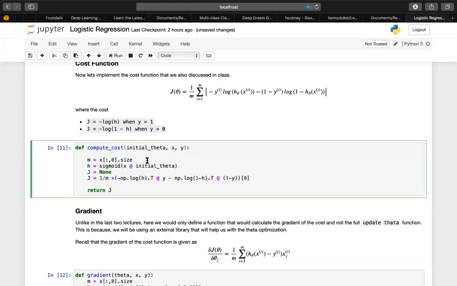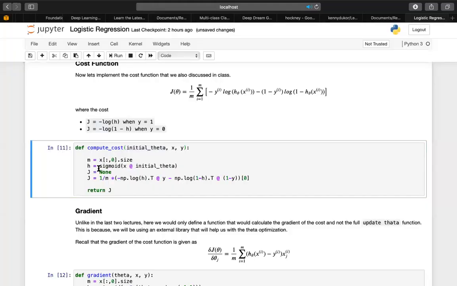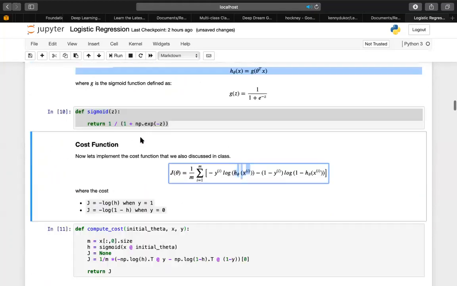We know that the first element is the number of data points we have. Then we pass it through our sigmoid function, right? Our sigmoid function gives us the values we need here. That's our h. So we pass it through the sigmoid function which we have defined here.